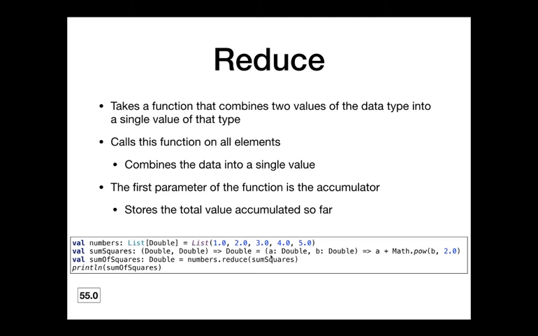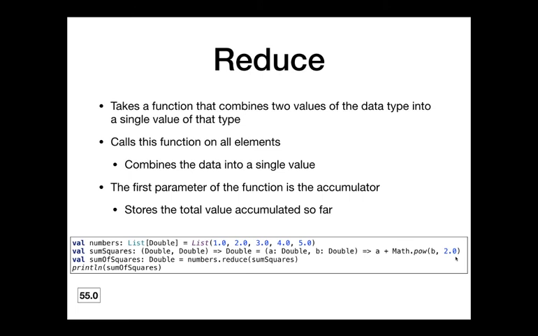And the second parameter is going to be the current element that you're looking at in this call of reduce. So my accumulator is just going to have all of the values that have already been accumulated, and I want to add to that the square of the current element that I'm looking at. The accumulator variable is going to be initialized to whatever 0 is for the type that you're using.